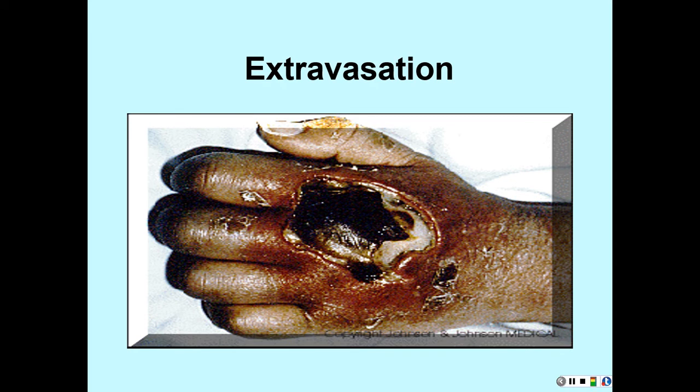The word is vesicant, of a vesicant material outside of the vein and into the surrounding tissues. So the material is caustic, and as you can tell by this picture, you have very severe tissue damage.